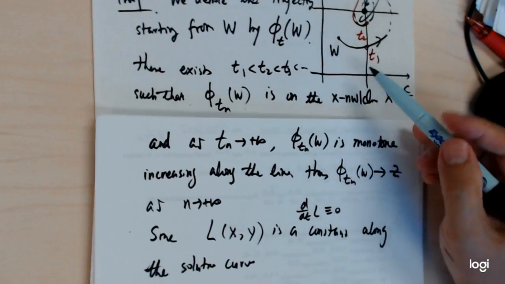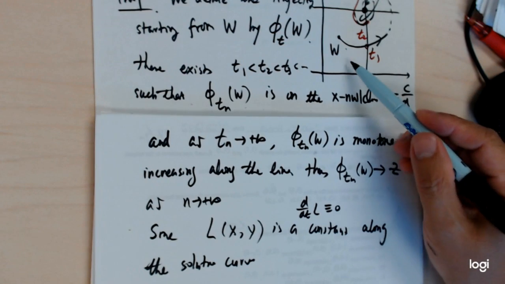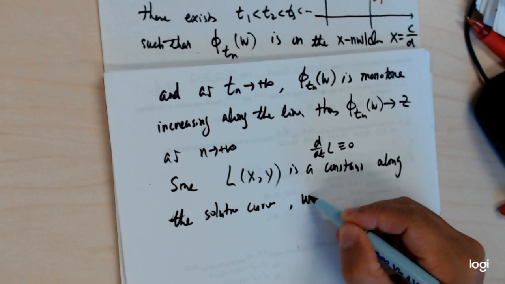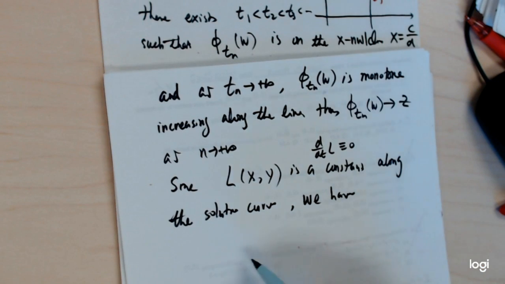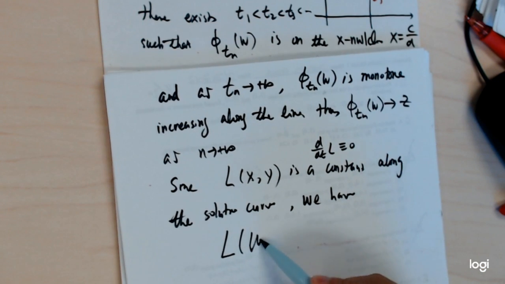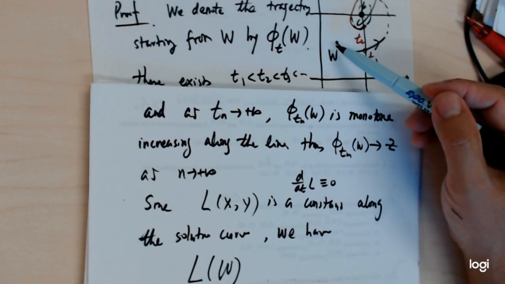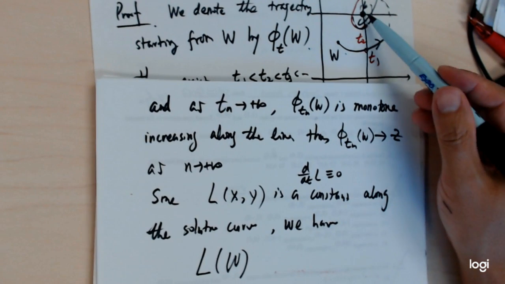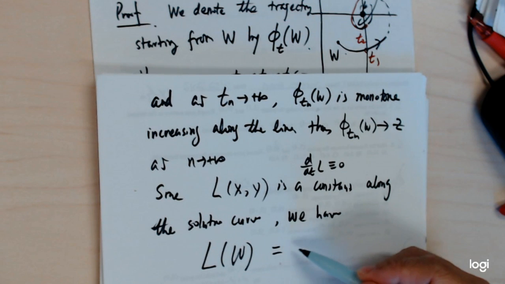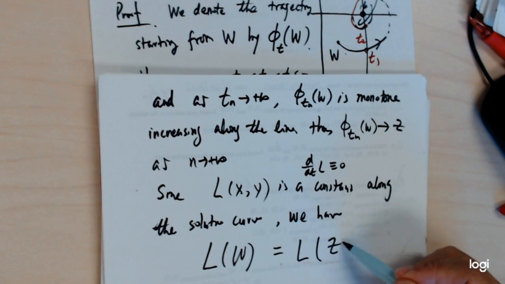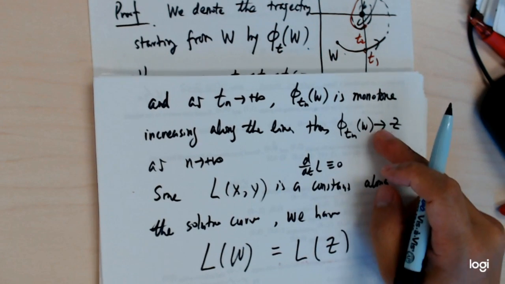At any point, it doesn't matter where it is, L is always a constant. So here's what we have. The Lyapunov function at W, which is your starting point on the solution curve, will be the same value as the Lyapunov function value at the limit point Z, if you are assuming this goes to Z.